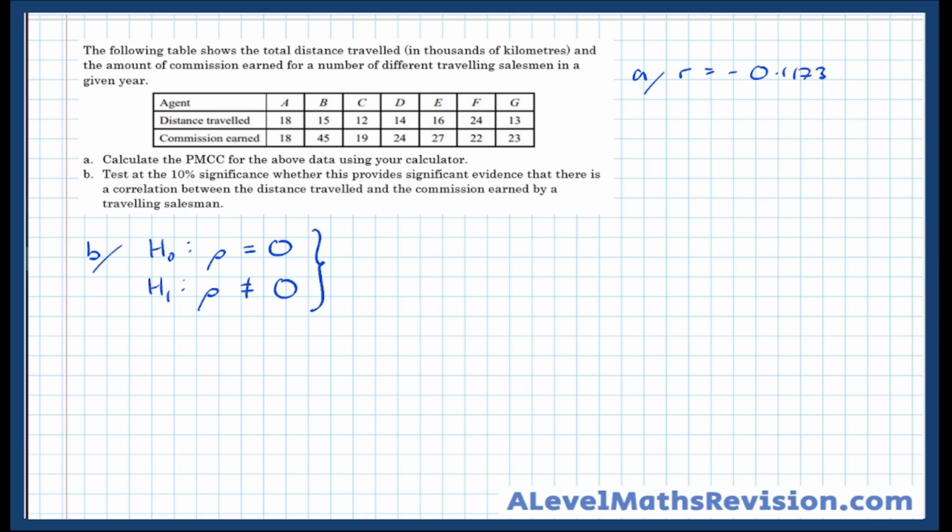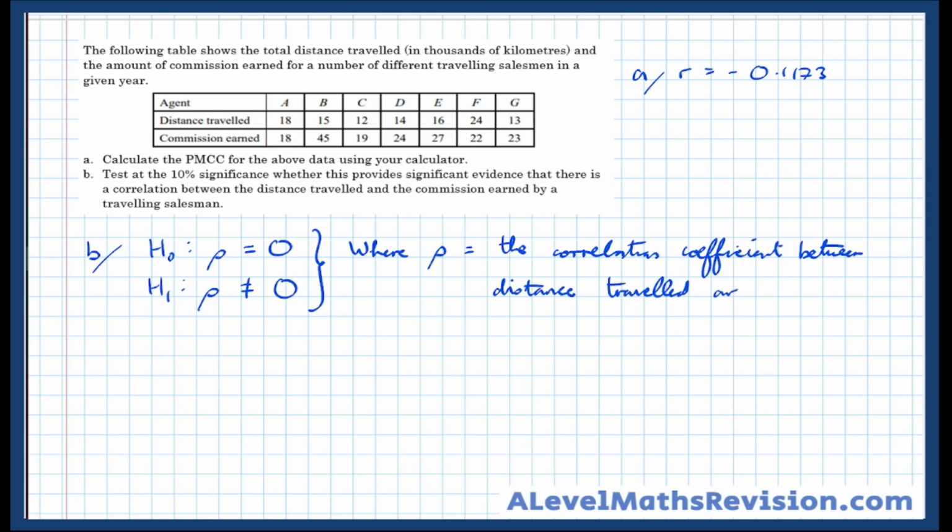H1: rho does not equal 0. And define rho in words, where rho equals the correlation coefficient between distance travelled and commission earned, and here's the important part, for the population of all agents.